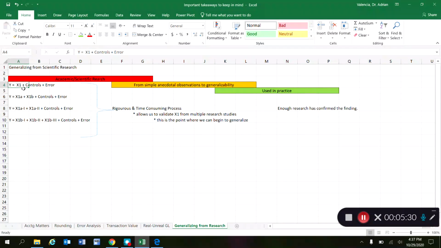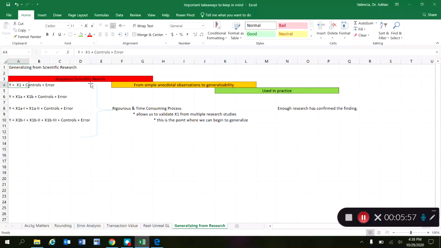Just because one study finds one effect, it doesn't mean that we can start prescribing that immediately. We want to make sure that there's enough testing out there, and I'll show you what I mean by that. Here in my model, I have X1 as the thing that supposedly affects audit quality. Again, you are not going to start using it yet.